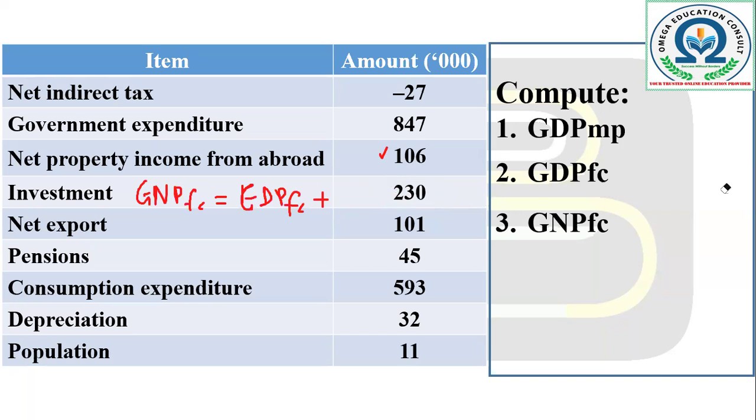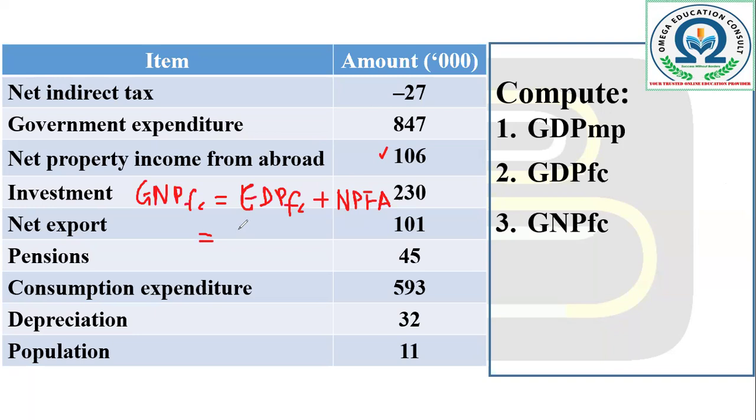So therefore it becomes GDP-FC plus the net property income from abroad. Okay, so that's how it's going to be. So you pick the previous figure and then you just add and then you are good to go.